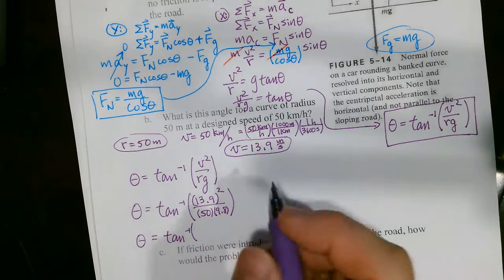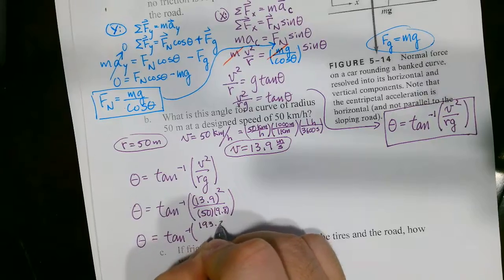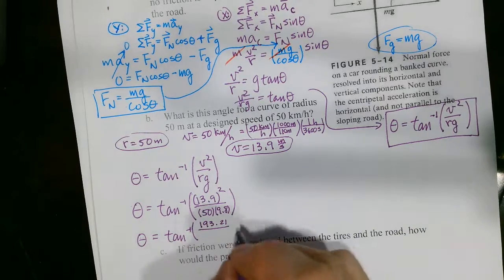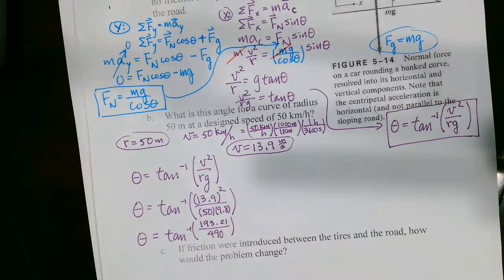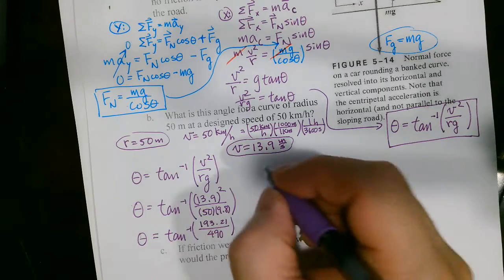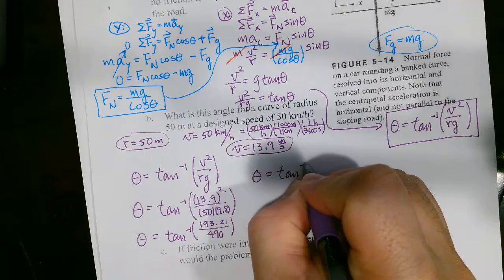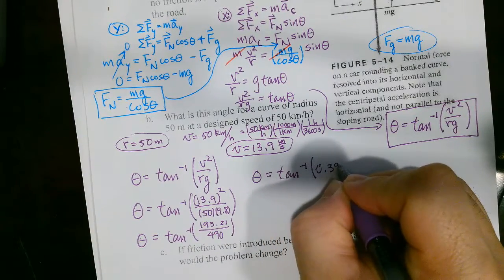That is 193.21. Divide that by 50 times 9.8, which is 490, and my theta is equal to tan inverse of 0.394.